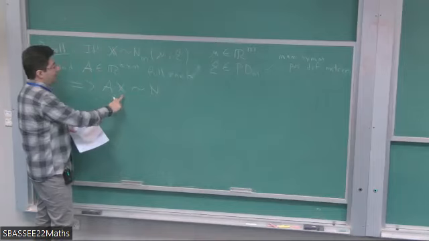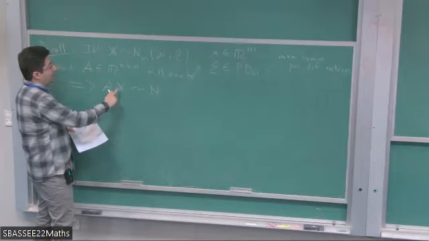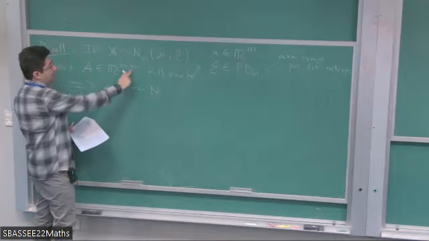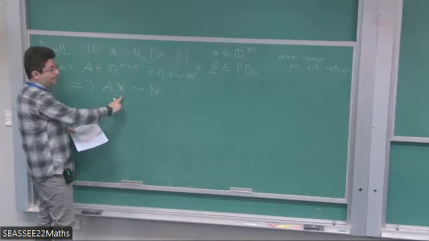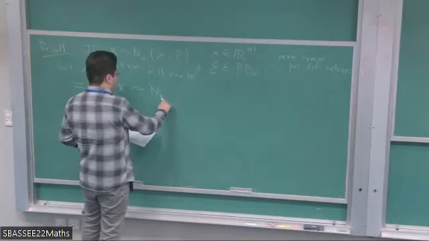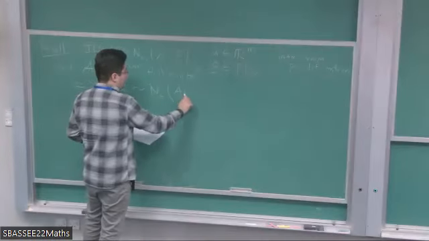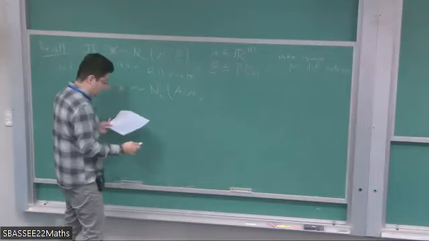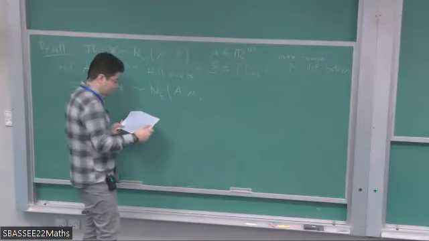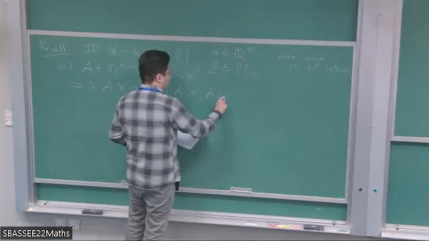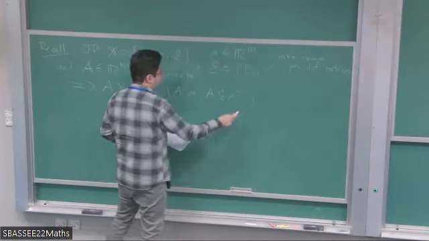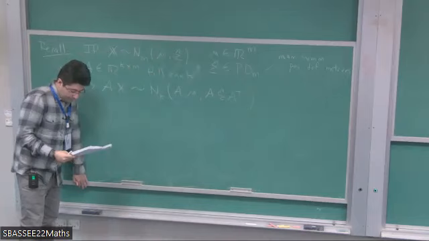But now the dimension becomes K, because I'm multiplying a K by M matrix by an M by 1 vector. So this is now a K-dimensional multivariate Gaussian with mean A times mu and covariance matrix A sigma A transpose.